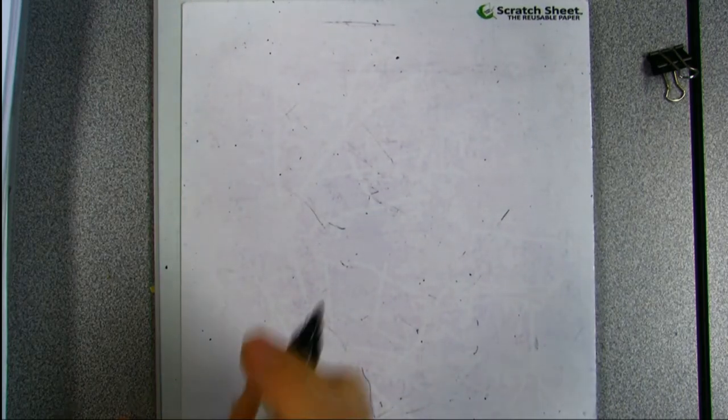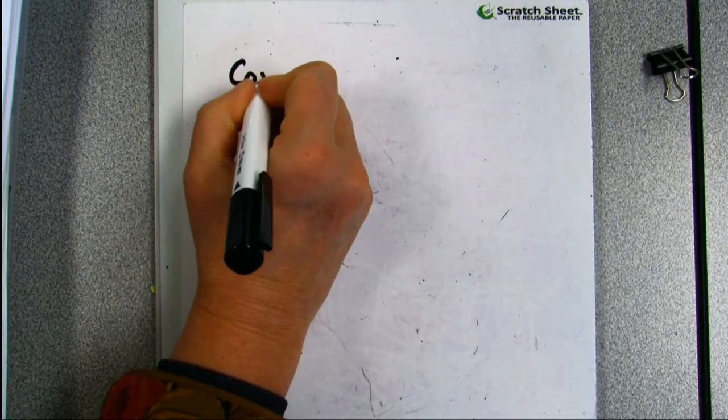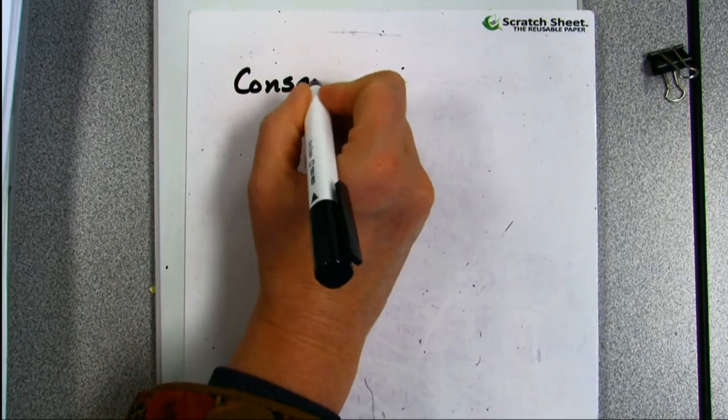So, a couple of things that we know now, which we didn't know back in the Greeks, and which Benjamin Franklin didn't know because it came along later, is we talked about conservation laws, right? We've talked about conservation laws along the way.